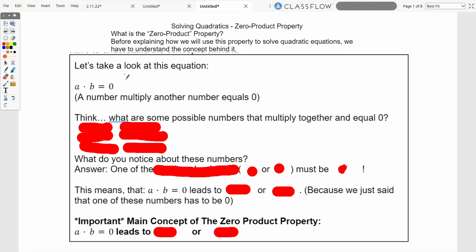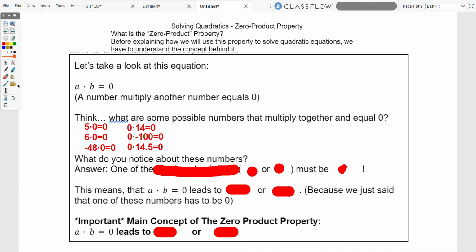So let's think, what are some possible numbers that multiply together and equal 0? Well, I have a couple examples here. 5 times 0 is 0, 6 times 0 is 0, negative 48 times 0 is 0, and 0 times 14 is 0, 0 times negative 100 is 0, 0 multiplied by 14.5 is 0.